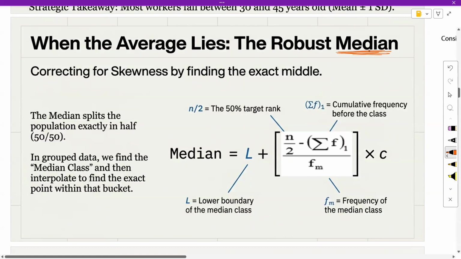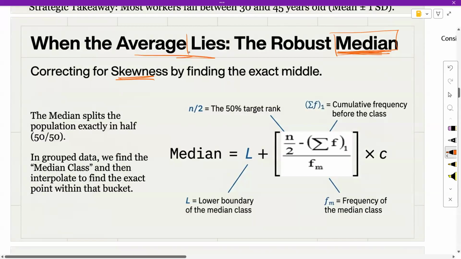The median is the central value, the central position. Mean is an average, but the median is a positional value. We mostly use this measure when the data is skewed.